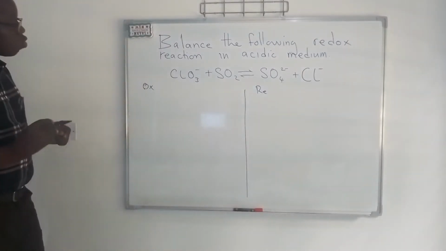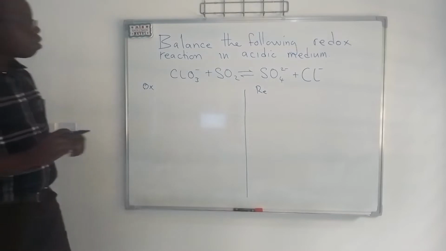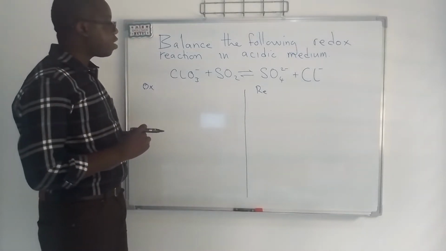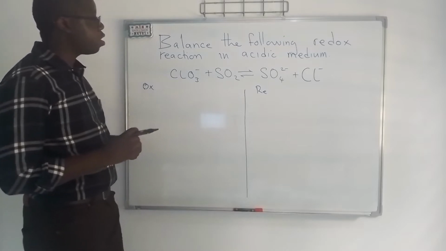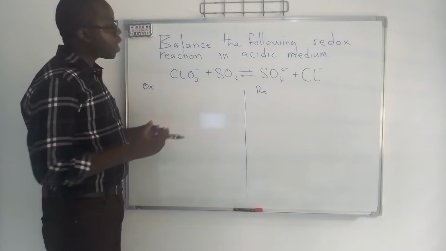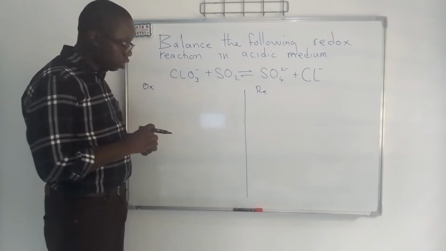So which ones are undergoing oxidation? Well, when you look at the equation, the easiest way you can identify which species are undergoing oxidation is by looking at which compound has gained oxygen.